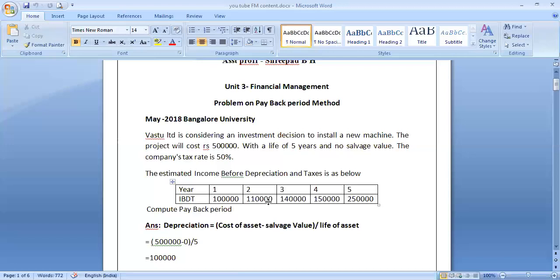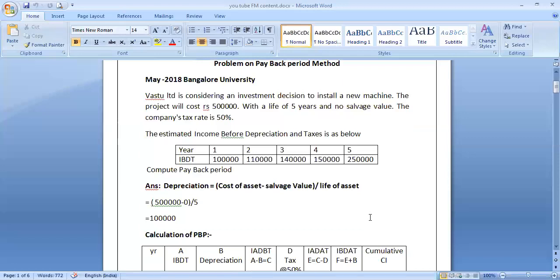The cost of the asset is 5 lakh rupees, minus salvage value is 0, divided by the life of the asset, 5 years. So we have arrived at the depreciation value, that is 1 lakh rupees.